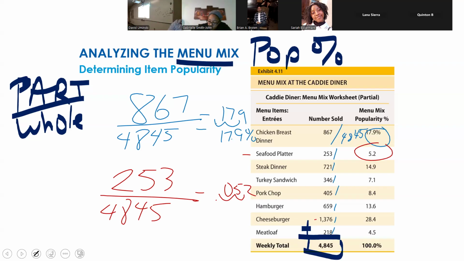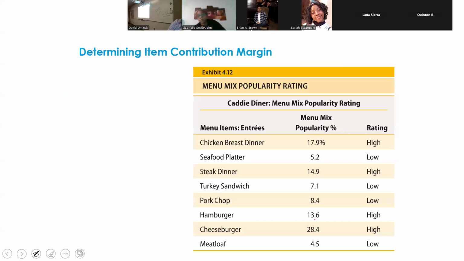Okay. So now let's talk about how we determine what is high and low for popularity percentage. The first thing we're going to do, number 11, we need to divide the number of items. Oh, sorry, we need to change that. We want to divide 100.